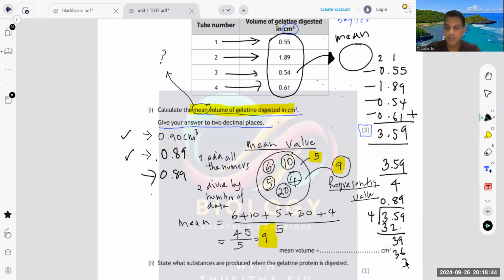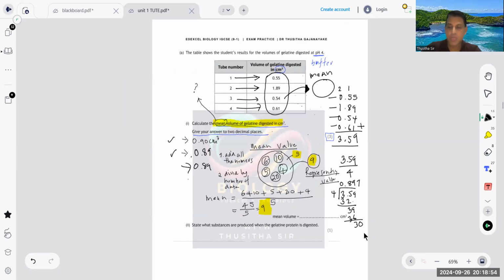And 3, then I get 30. 30 is 7. So I did it manually. You can use computers or calculators.